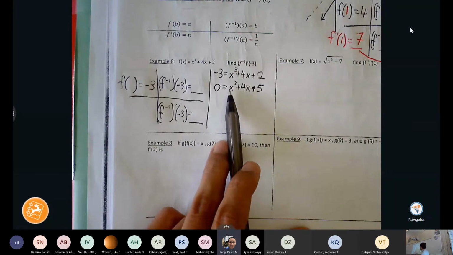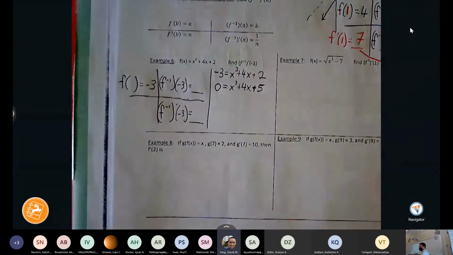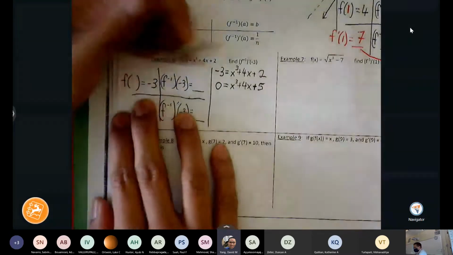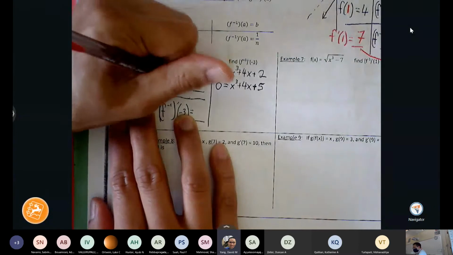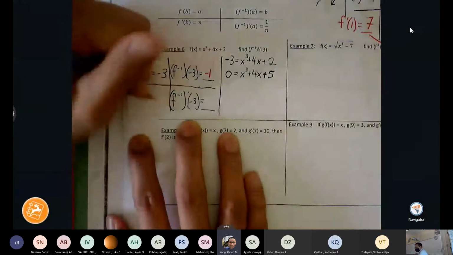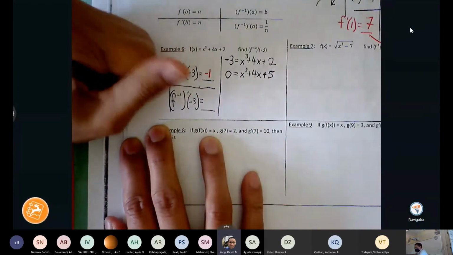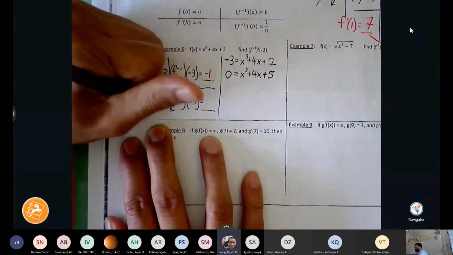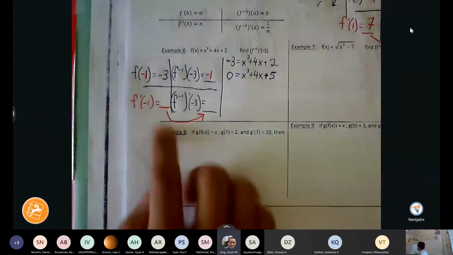How about -1? -1 minus 4 is -5. -5 plus 5 is 0. Okay, so we know -1 works. So we have our x value, which is what we need. So now we have -1, which is helpful because if I can figure out f prime of -1, then that's all I need to make my final conclusion.